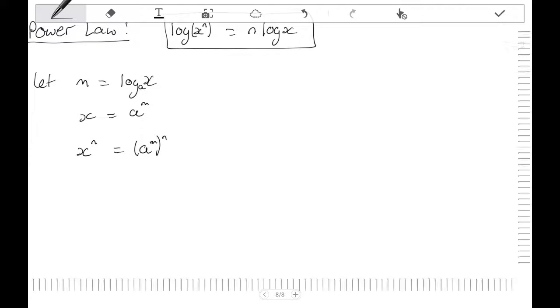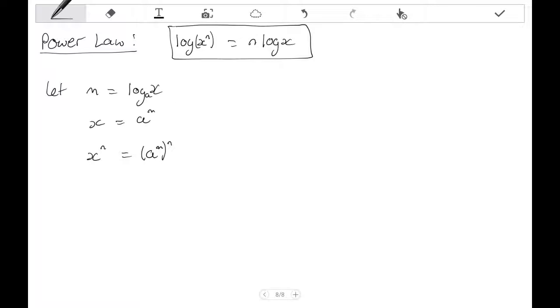Which again, using our power laws, it's all about power laws in this, x to the n is equal to a to the mn, okay, which means that we can write log base a x to the power of n.